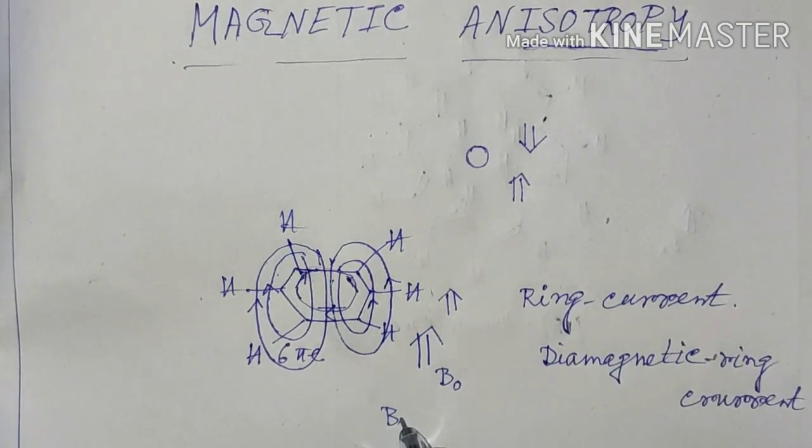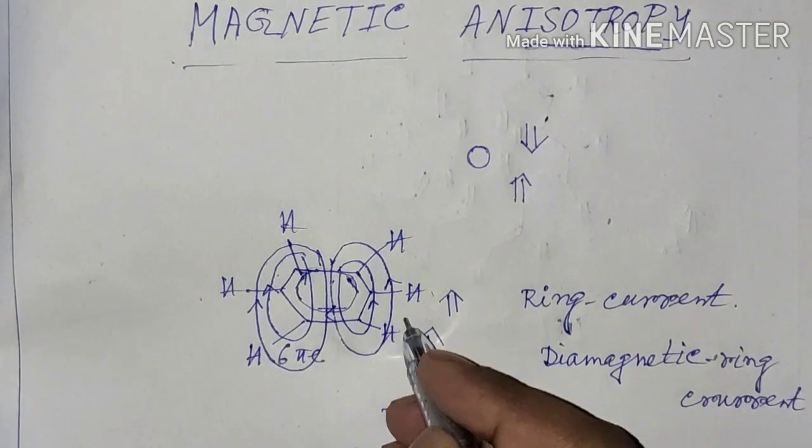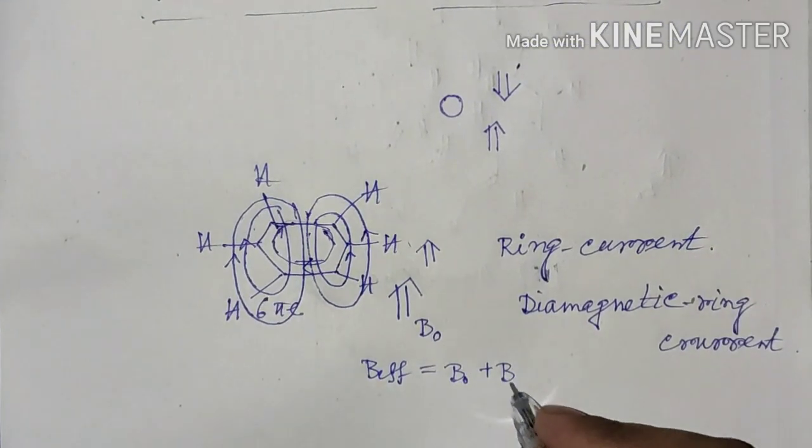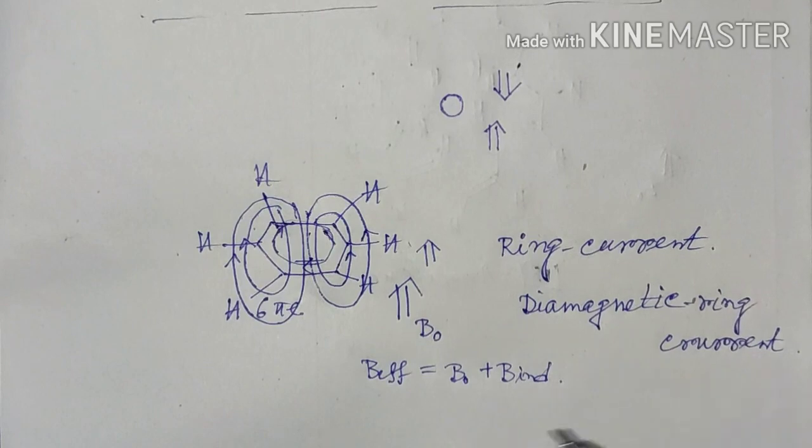So the effective magnetic field felt by the outer protons will be applied magnetic field plus induced magnetic field.